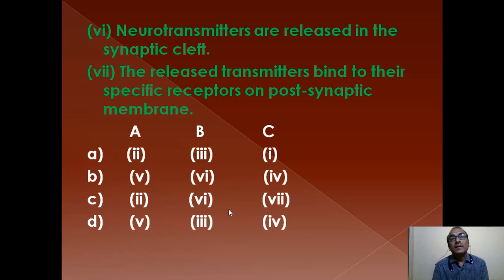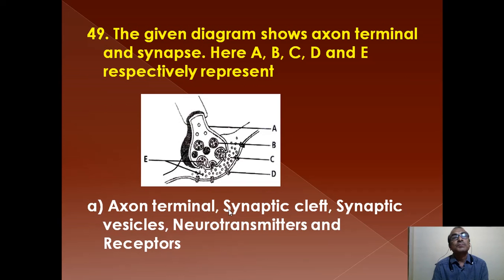The B label is showing the release of neurotransmitters. And then the next, 7, the released transmitters bind to their specific receptors on the post-synaptic membrane. So those receptors are labeled there as C. Therefore, the right option is 2, 6 and 7. Is that clear? Okay, let's go to the next question.